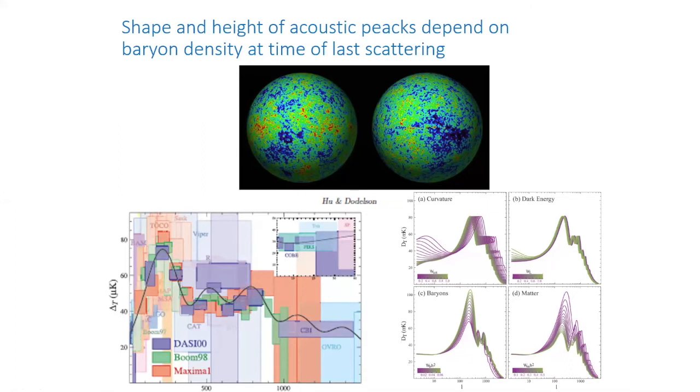So that gives us an idea that we could vary our cosmological parameters, calculate the power spectrum, and then compare it to the observed one, and then you discriminate cosmological models that way.